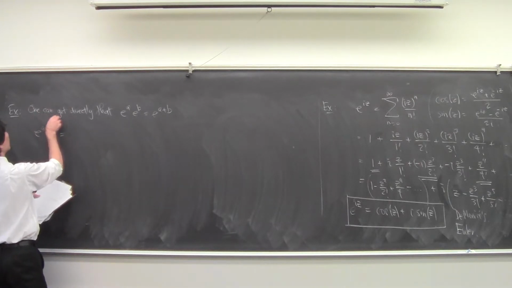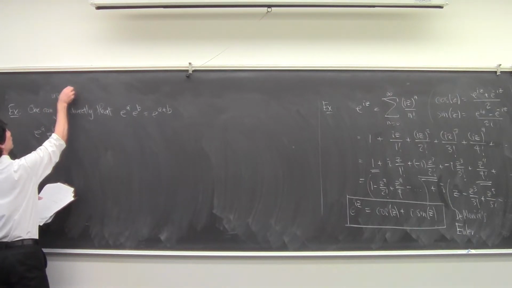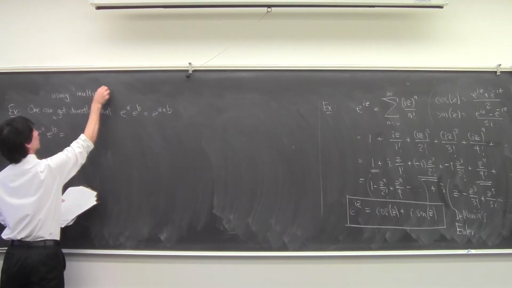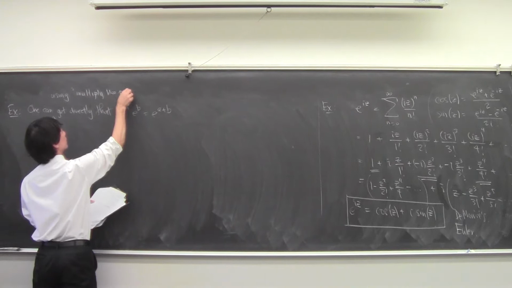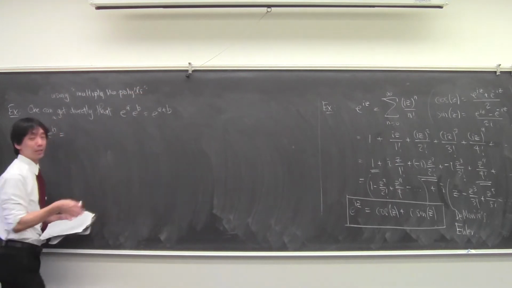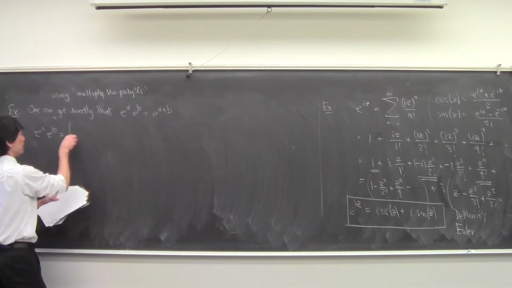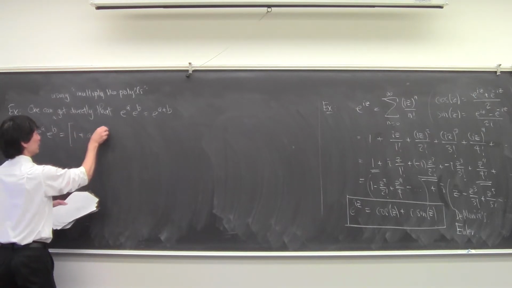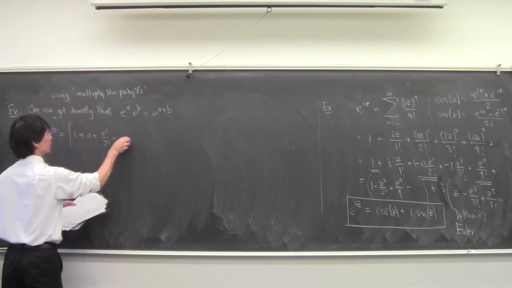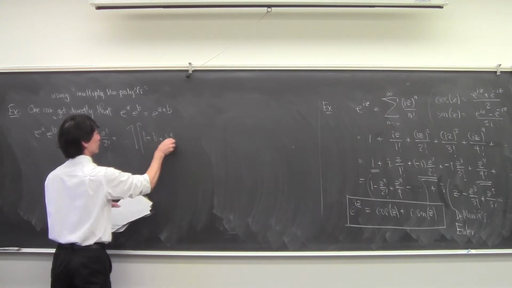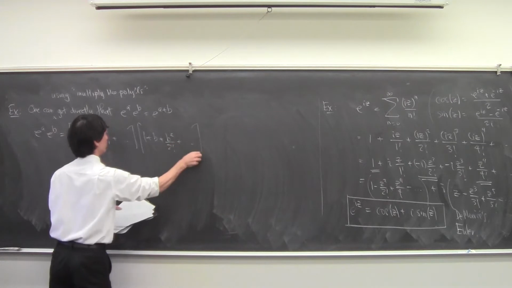So using the fact that you can basically multiply power series like polynomials, well, you just say, I'm going to take 1 plus a plus a squared over 2 factorial, blah, blah, blah, times 1 plus b plus b squared over 2 factorial plus blah, blah, blah.